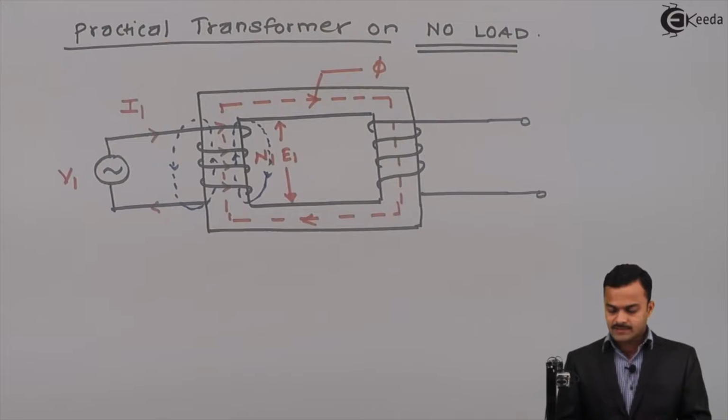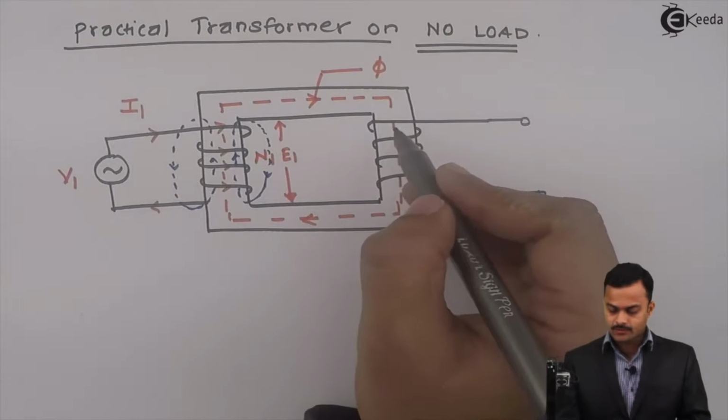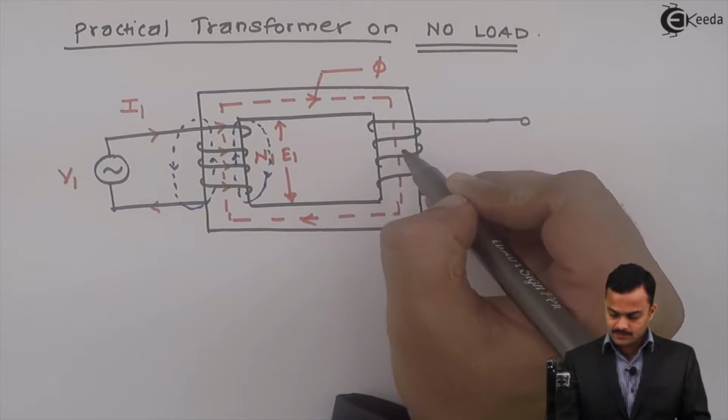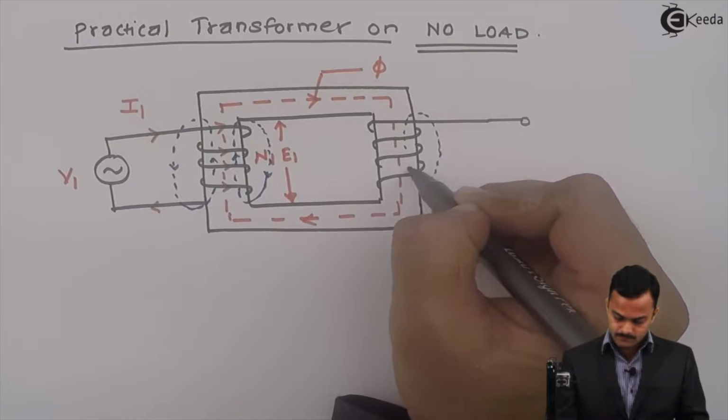Now the same flux phi is linked with this winding, and here also some amount of flux is going to be wasted in air like this.